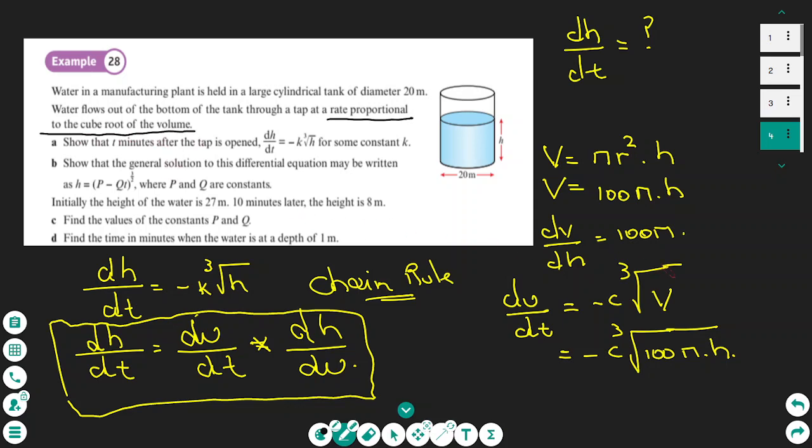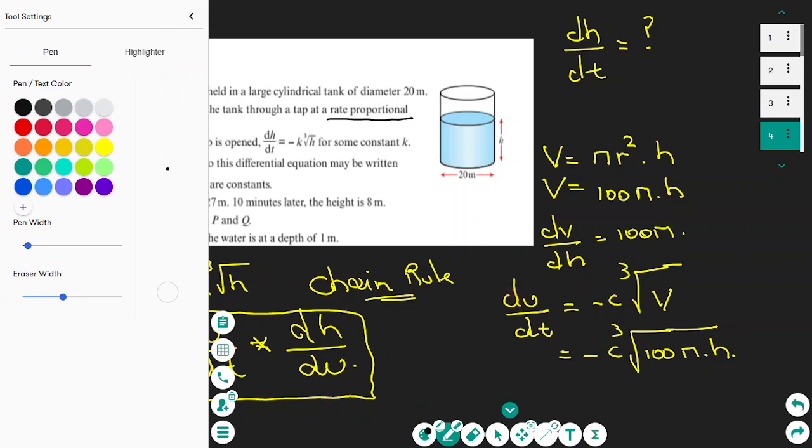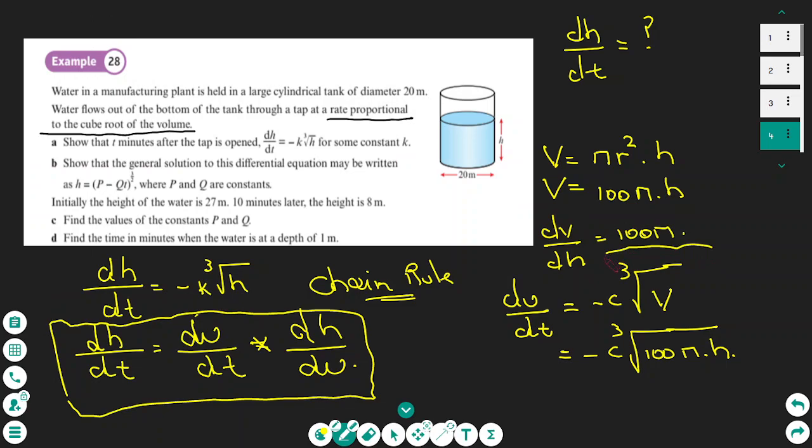And the equation that is relevant here is dv over dt is equal to minus c cubic root of v. This is what it says, the rate proportional to the cube root of the volume, because you expect the volume to decline as time changes. You make it negative. It's not an increasing rate of change, it's a decreasing rate of change. That's why you have a negative c cubic root of v.